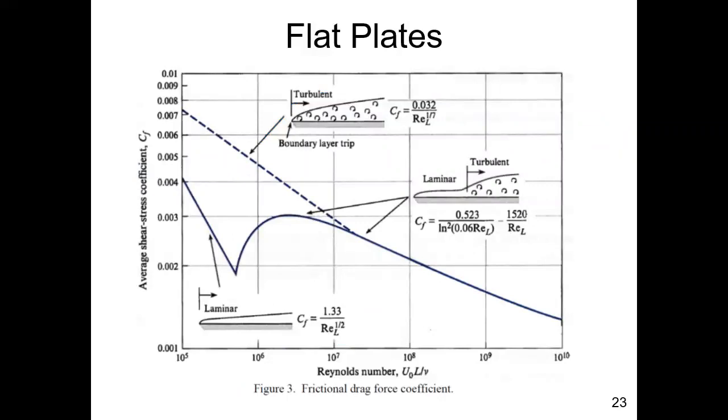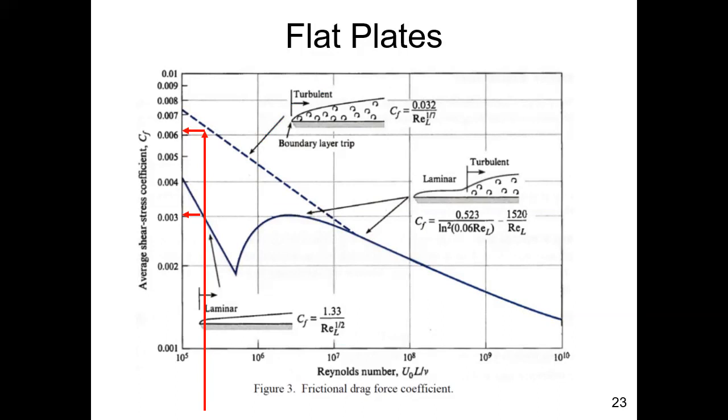So in flat plates, this was on your handout for flat plates. It's also stolen right from your book. And I want you to focus on the laminar zone, which of course is where the Reynolds number is less than 500,000 for the flat plate. And what you see is in that zone, if we just pick a location where the Reynolds number is constant, we see that the drag coefficient for friction, C sub F, is much less. Here it's half that of the drag coefficient when we roughen the surface, trip the boundary as it's called.